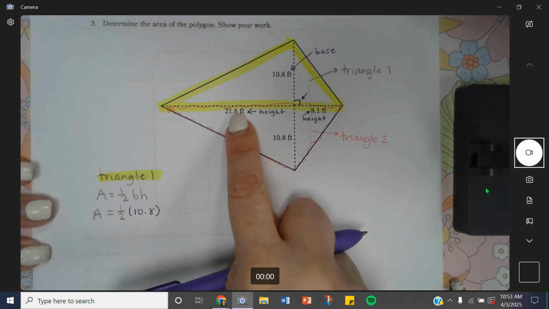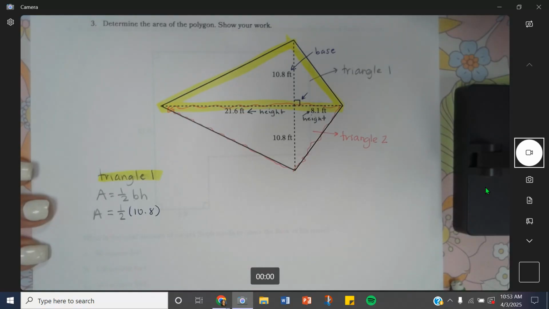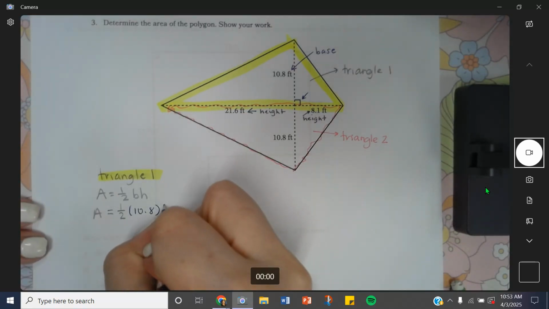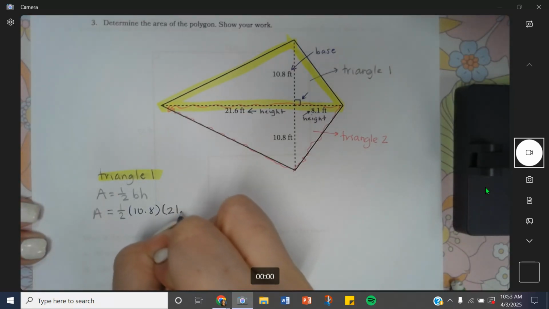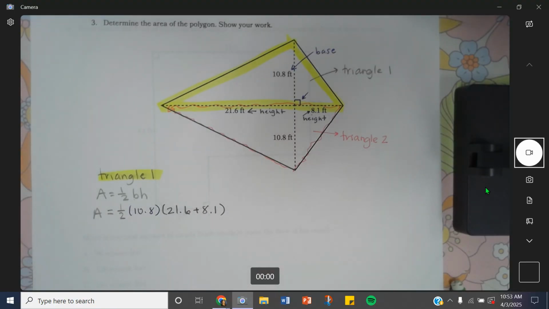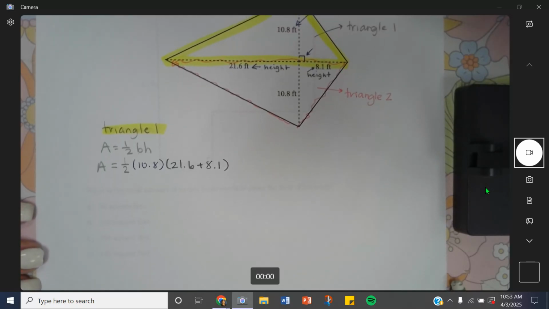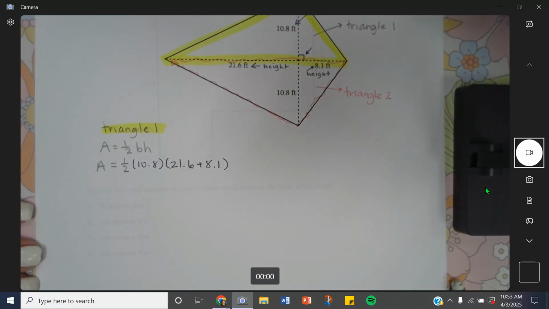And then the height we said was both 21.6 and 8.1, so we're going to add those two together.